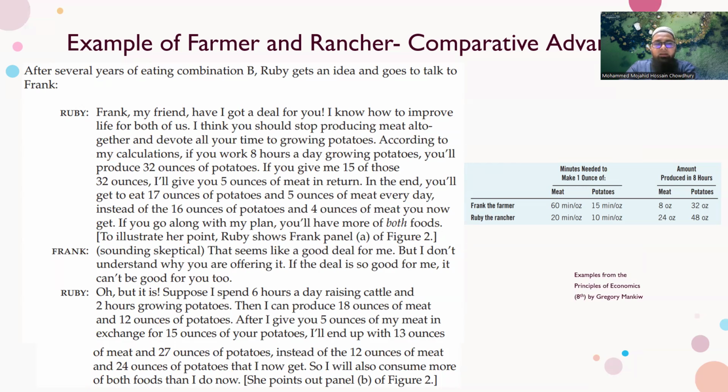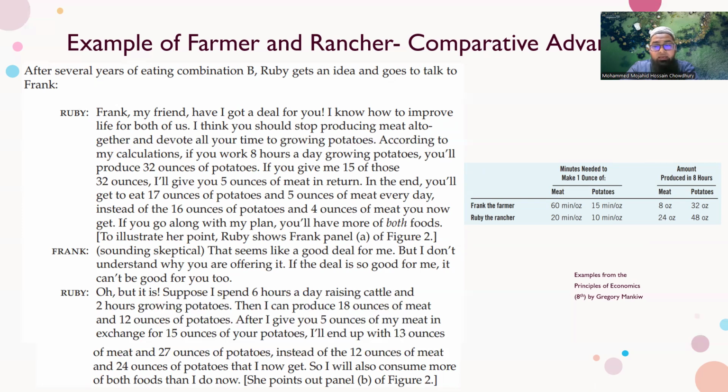Ruby says, "Frank, my friend, have I got a deal for you? I know how to improve life for both of us. I think you should stop producing meat altogether, and devote all of your time to growing potatoes." That means I will be producing meat 100%.